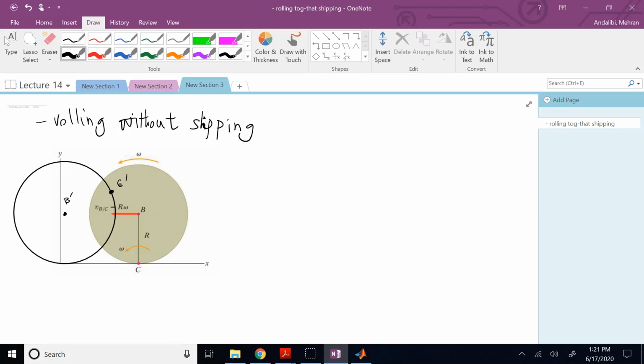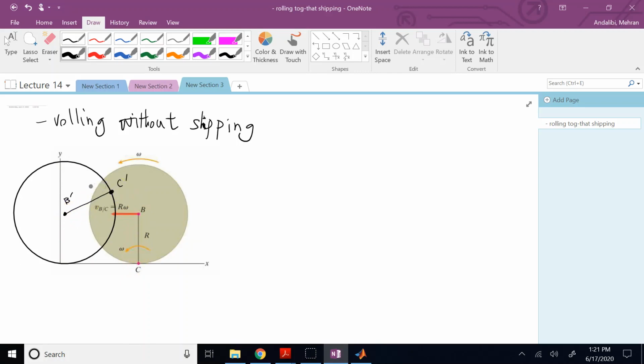If I could measure the angle of line BC with respect to a vertical line, or the y-axis, the angle that you initially had with BC was 0 compared to the vertical line.